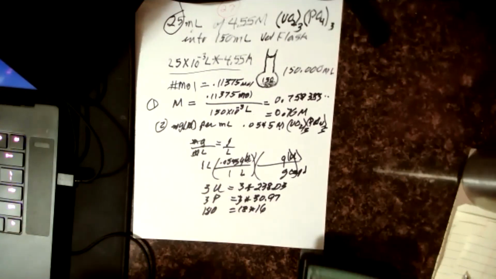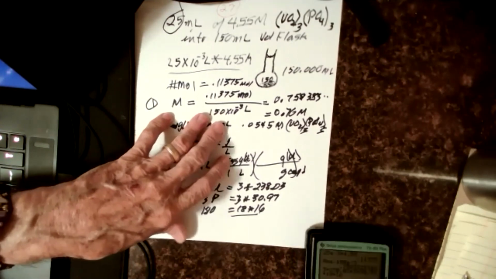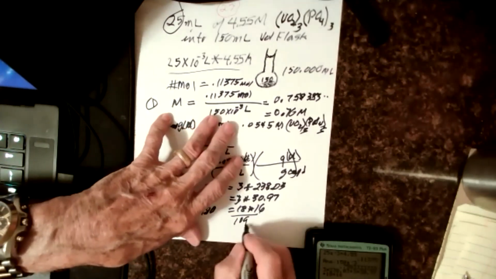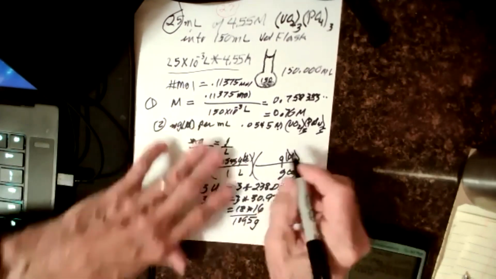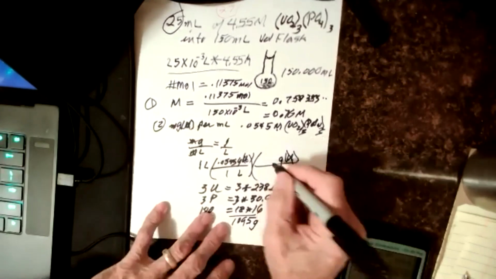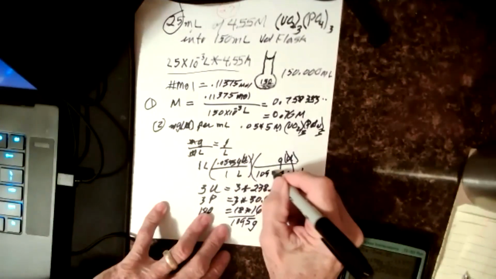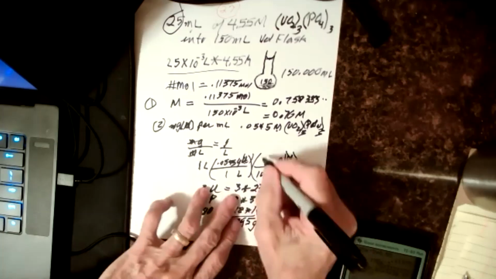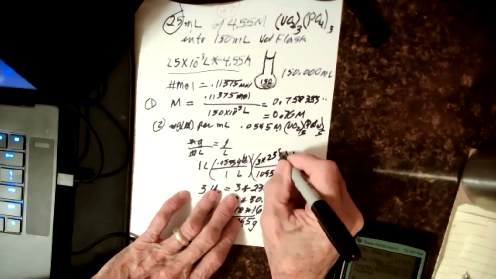Oh gosh, it's a heavy, big one. It's 1,095 grams per mole of the whole compound. And the grams of uranium is 3 times 238.